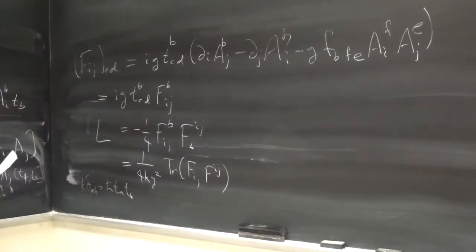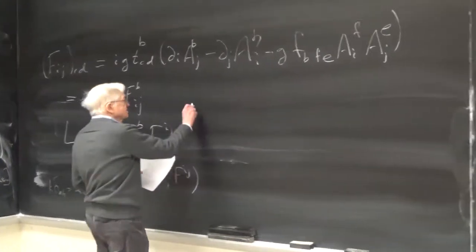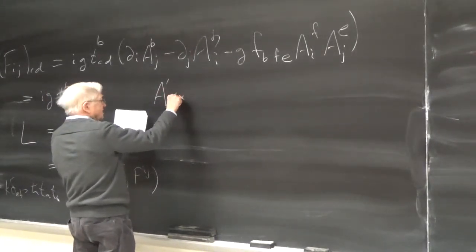So that's that k. And the trace over 4kg squared is the Lagrangian. Anyway, as I said, I'm not going to talk very long today.